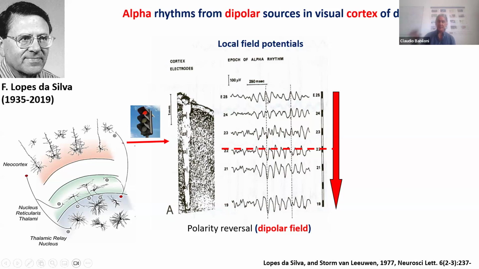But you can see that the local field potentials show clearly an alpha oscillatory activity. You can see the time scale horizontally, 250 milliseconds, and you can count the peaks of the local field potentials around 8, 10 Hz alpha rhythms.